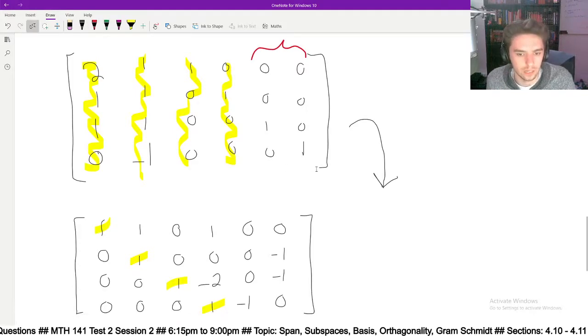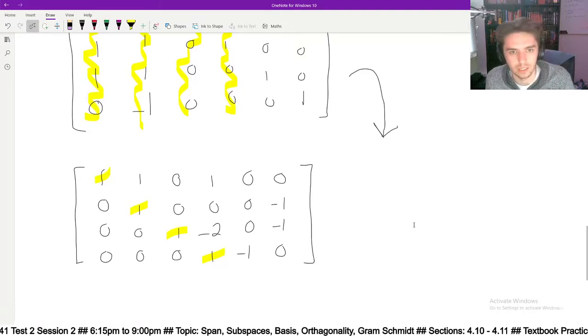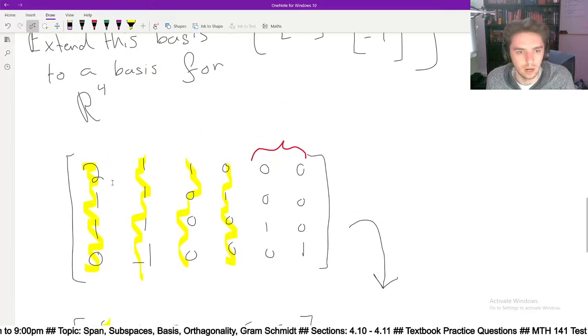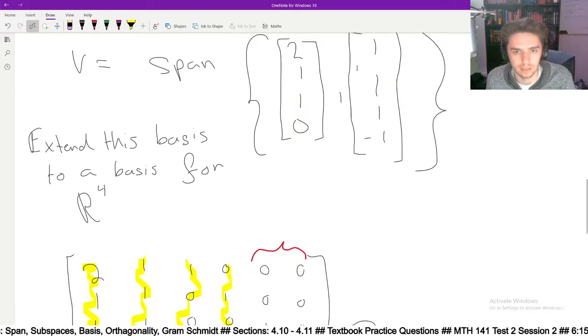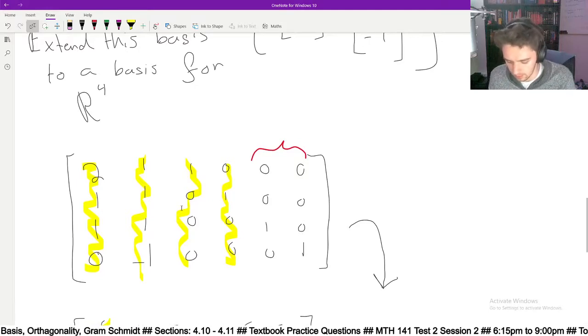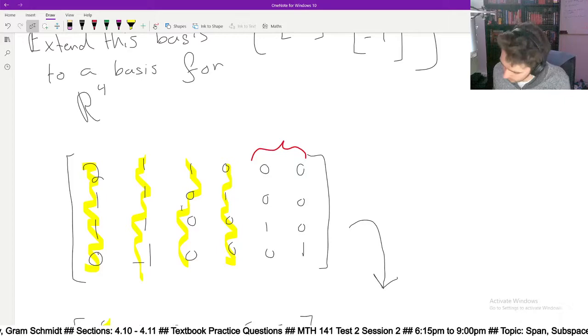So you don't count them, and you can tell because after you do REF, they don't have a leading entry in their column. So the answer is this, right? And so notice, the question is a subset of our answer, right? These two vectors are a subset of our answer, and that's kind of the point, right? You extended the starting question to be a subset of your answer.